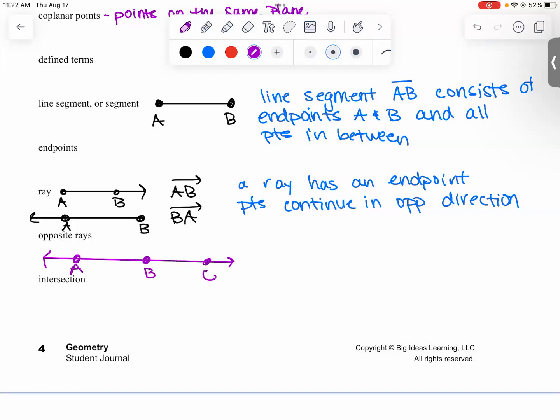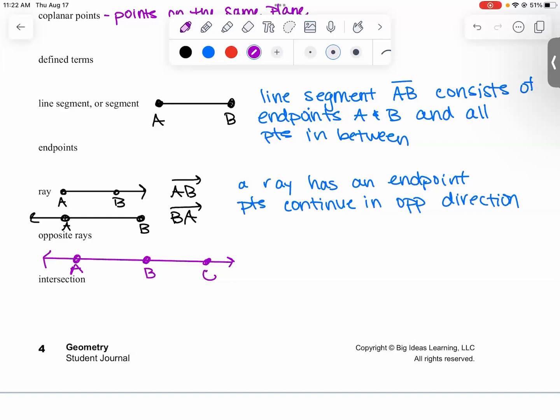All right. I want you to draw this picture under opposite rays. Okay. So opposite rays, what do you think the definition is? Rays that go in opposite directions, but something else has to be specific about it.